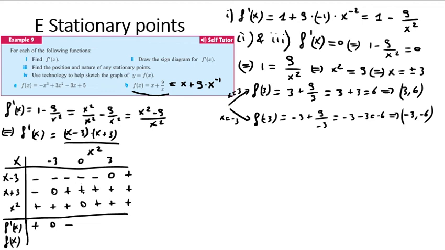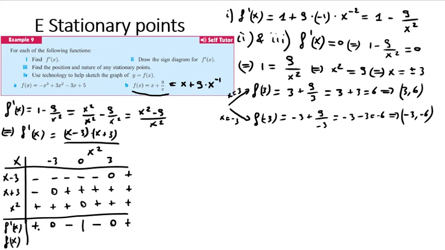Negative number times a positive number is negative, divided by 0 doesn't exist. So we write that down like this when it doesn't exist. Here a negative number times a positive number, which is a negative number, divided by a positive number stays negative. Here 0 times a positive number is 0, divided by a positive number is still 0. Positive number times a positive number divided by a positive number is positive.